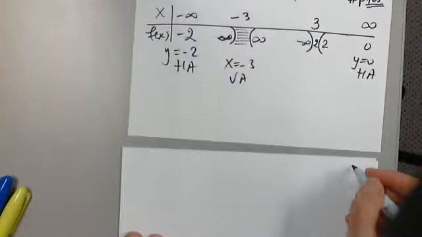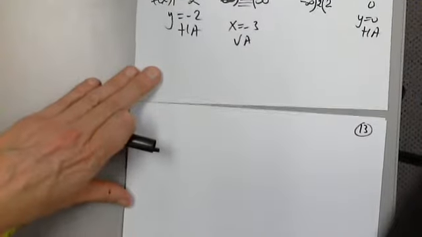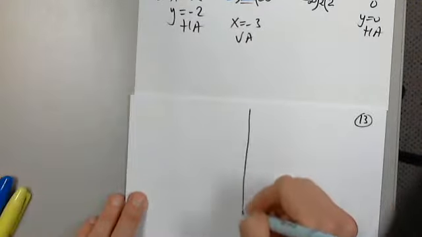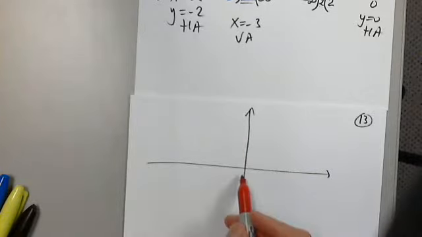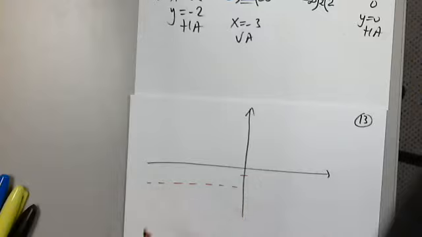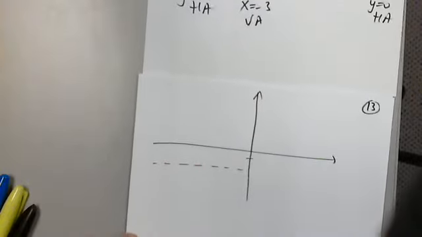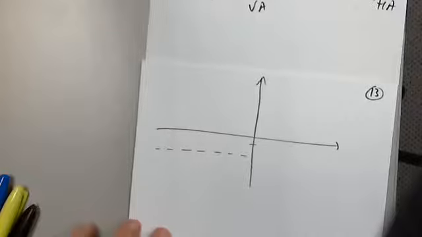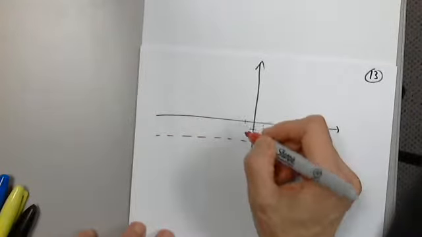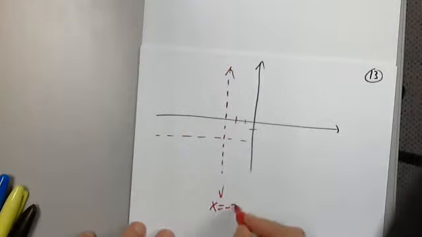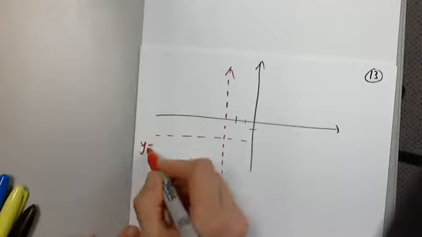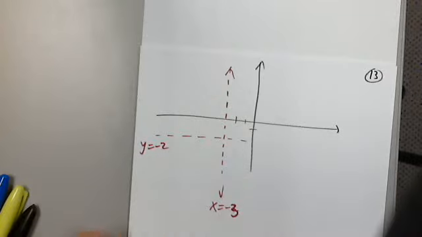When I graph a function with asymptotes, I have to graph the asymptotes first. So here they are. At negative infinity, negative 2. You slide the points. Yeah, that's it. Just slide. At negative 3 is a vertical asymptote. Both left and right are positive infinity.